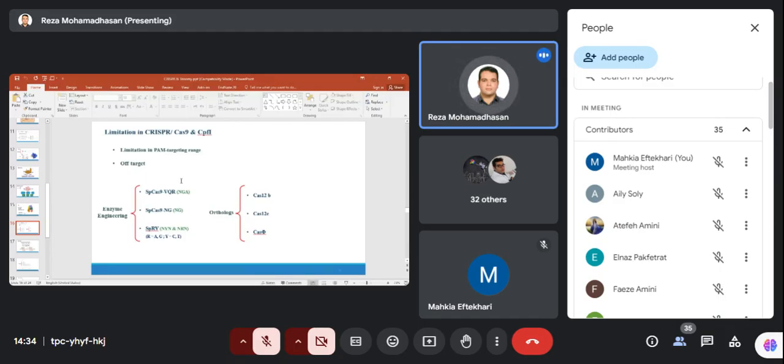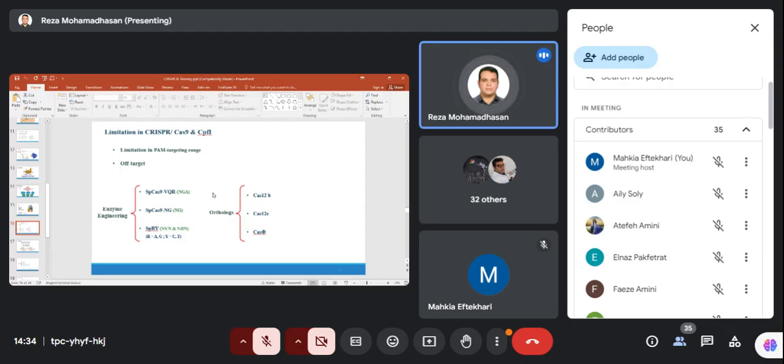And so what are the solutions? The first one is enzyme engineering. You can see some Cas nucleases here that are engineered to be more specific with improved PAM sites.